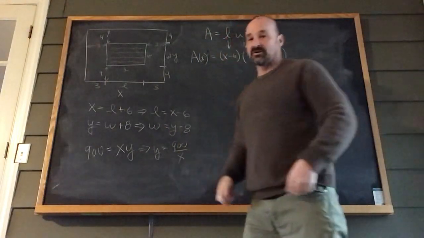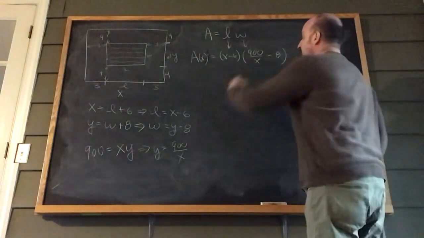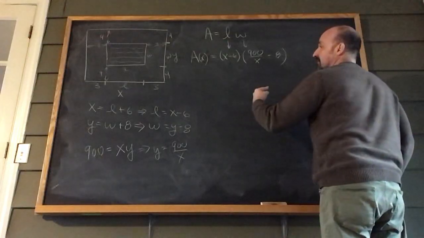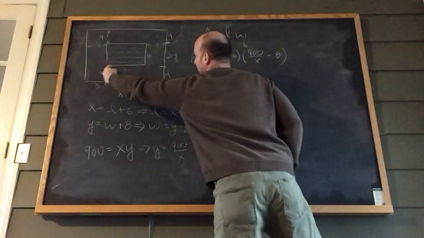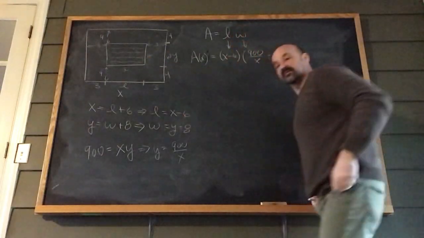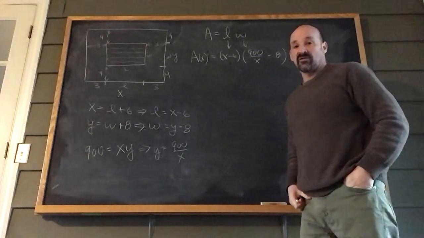Now let's consider the domain. Right? So in this problem, this is the side of this rectangle, and this is this other side. So these can't be negative, right?